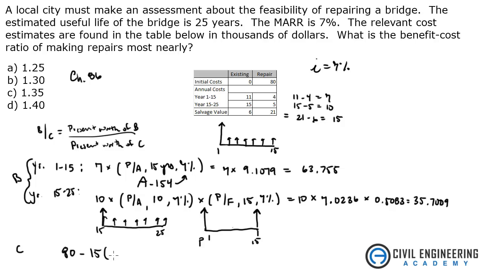So let's take the $15,000 of salvage value, find present value given our future value at 7% for 25 years.